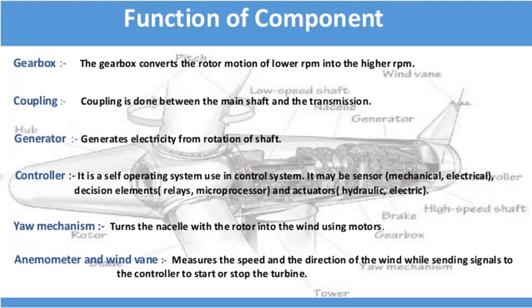Coupling is done between the main shaft and the transmission. The generator generates electricity from rotation of the shaft. Controller: it is a self-operating system used to control the system.